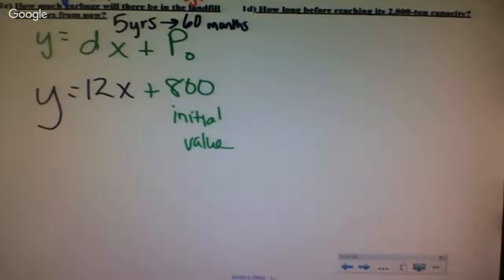So the biggest mistake I see is people plug in 5 for X. You've got to do it by the transitions. If it's happening monthly, it's happening 12 times a year, so over 5 years, it happens 60 times. So to solve for this, we plug in 60.